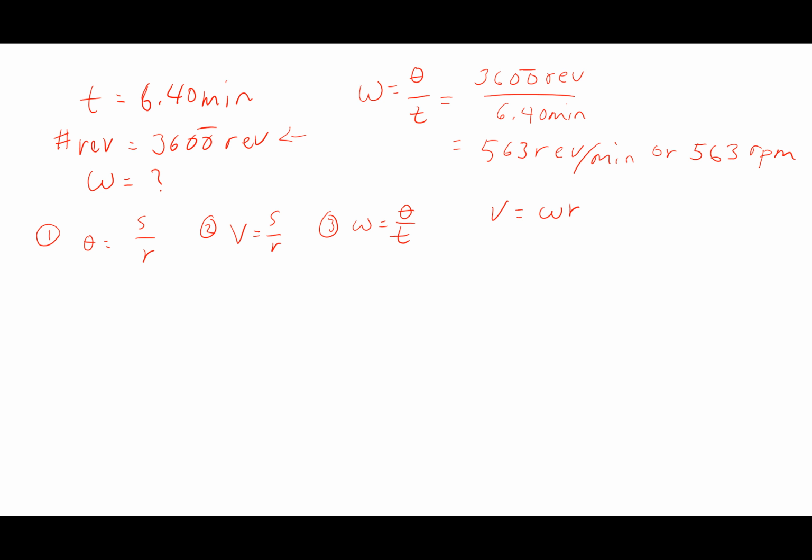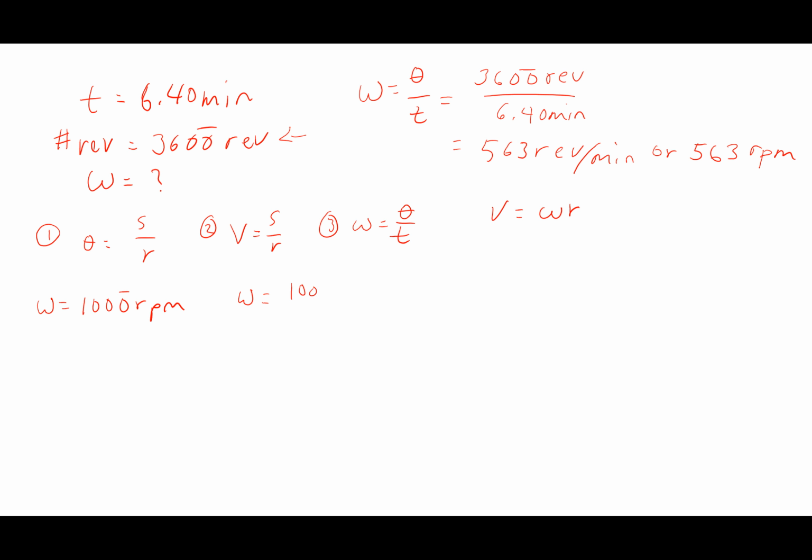So let's write all of our data. The wheel turns at 1,000 RPMs. We need to change that to rads per second because it says express the angular speed in rads per second. So we've got to convert that first.